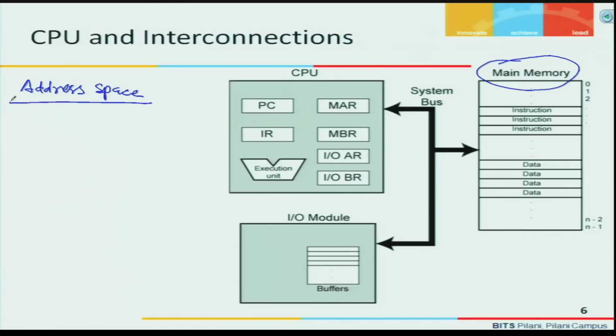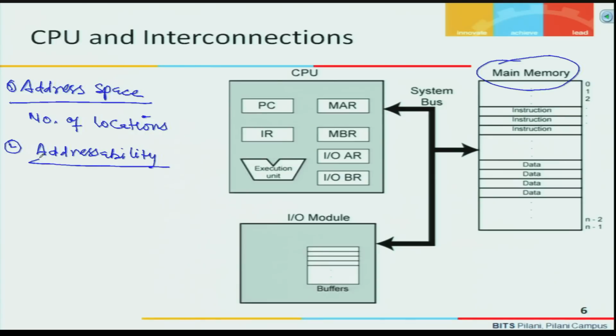Address space means the number of locations, how many locations are there. The second term is addressability. Addressability means the number of bits at each location.